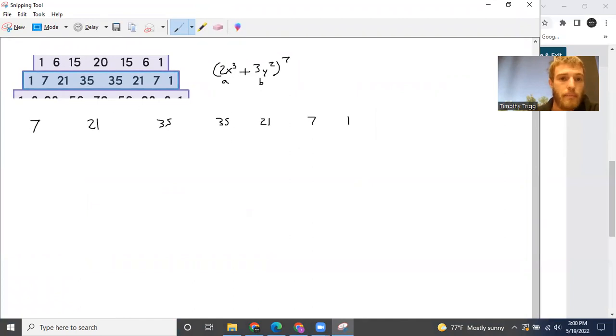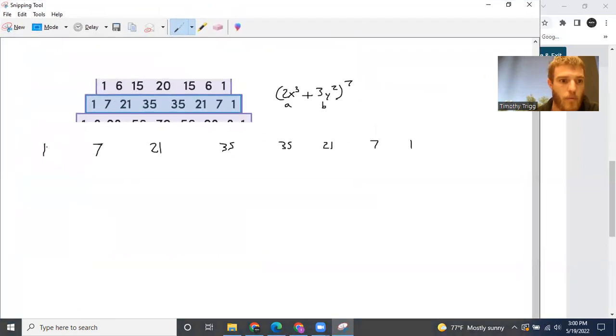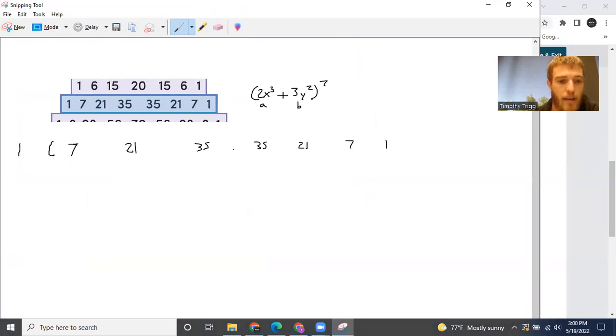So then let's go back to the front here. We have this 1 right in front. And then you're going to put your A to the power of 7. Plus 7, A to the power of 6, B to the power of 1.